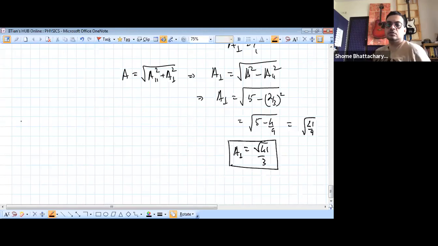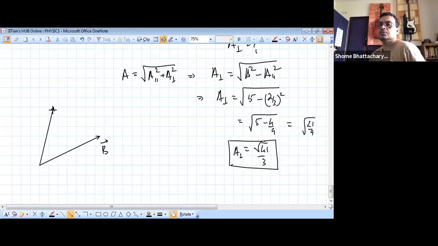See again what is happening. Suppose your vector B is this vector and your vector A is this vector, and the angle between them is some theta. So how will we find the perpendicular and the parallel component?